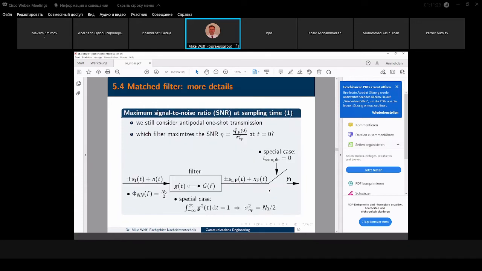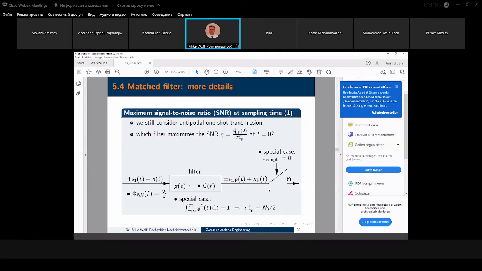So, okay, welcome back. The next subsection is basically the matched filter, in more detail. One part of this section is the derivation that the matched filter maximizes the signal-to-noise ratio at the sampling time.